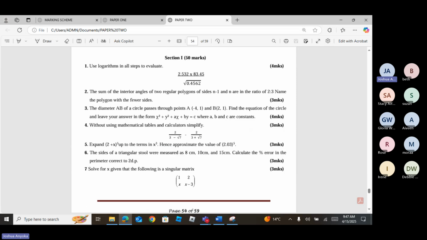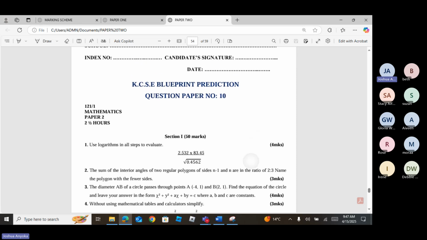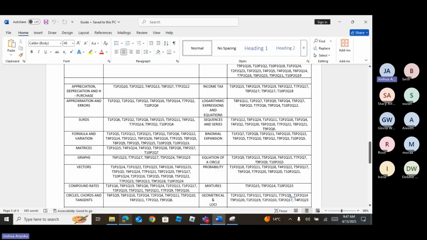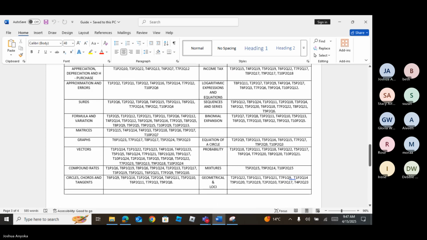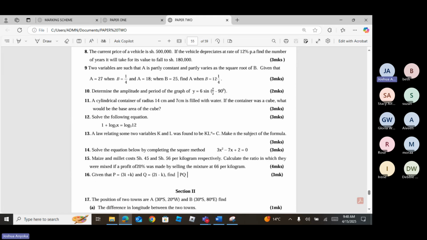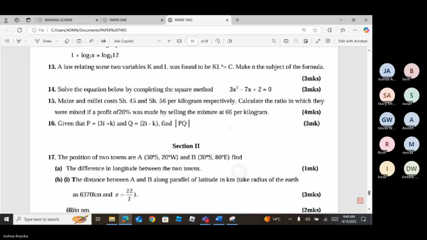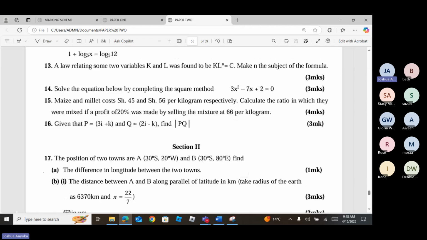Is this 10? I looked at this wrongly. Mixtures. Where did I look? Okay, trial 10, paper 2, question 15. Isn't it? Question 15, yes.